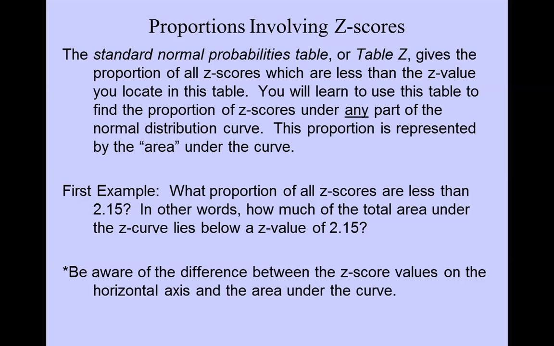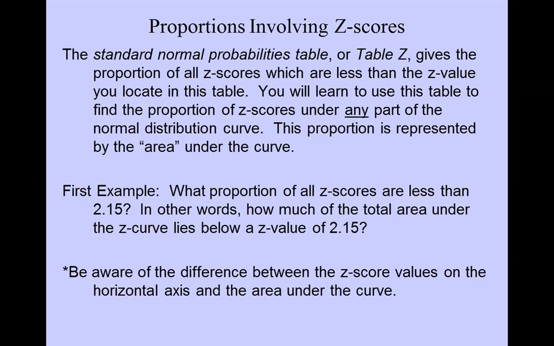The standard normal probabilities table, or table Z, gives the proportion of all z-scores which are less than the z value you locate in the table. You will learn to use this table to find the proportion of z-scores under any part of the normal distribution curve. This proportion is represented by the area under the curve.